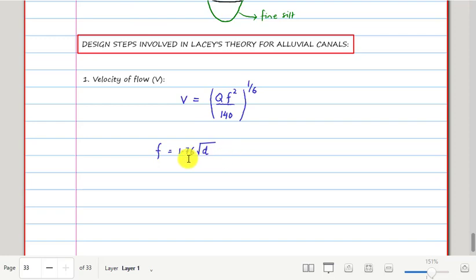So in these equations, what is V? V is velocity, and Q here is the discharge given to us, and f here is known as the silt factor.